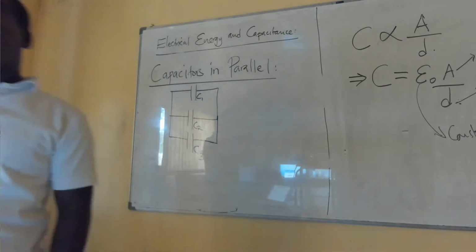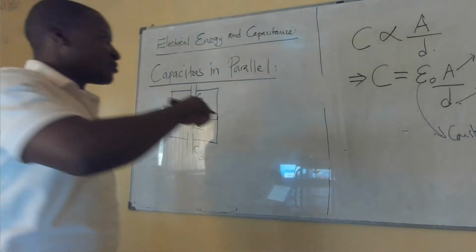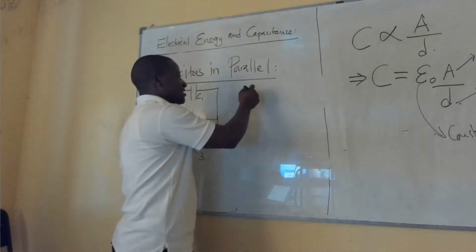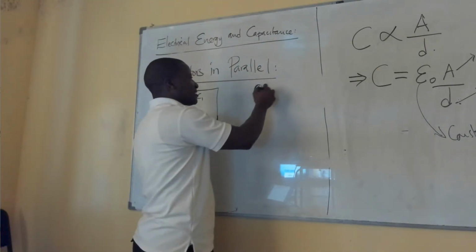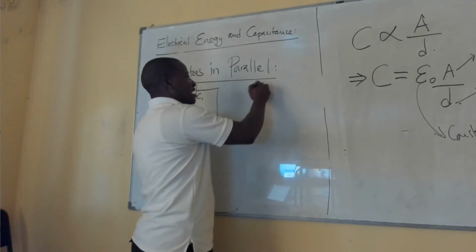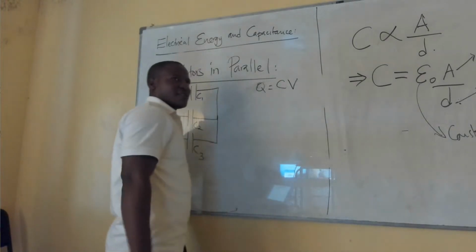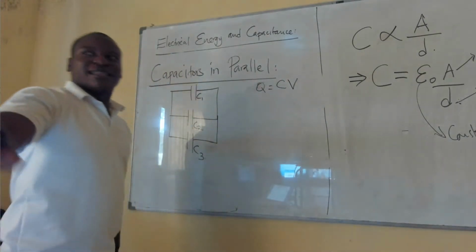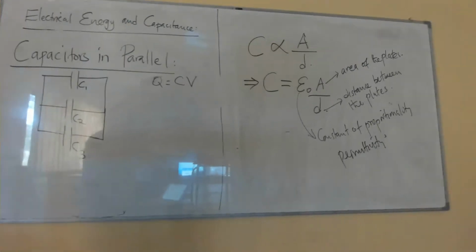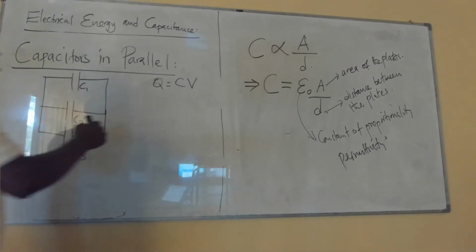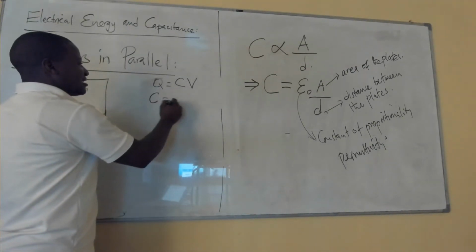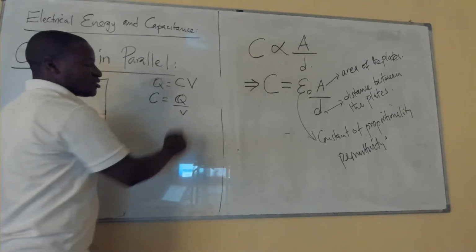Then that means, remember where we are coming from. We mentioned that the charge is equal to capacitance multiplied by the potential. Now, in this case, what we have is that C is nothing but charge over what?